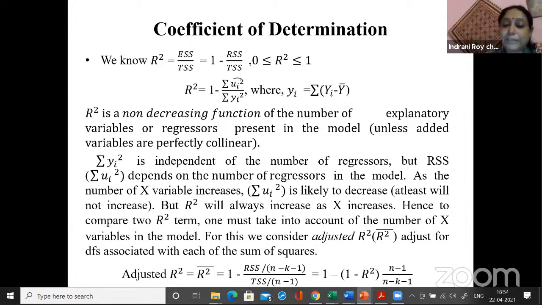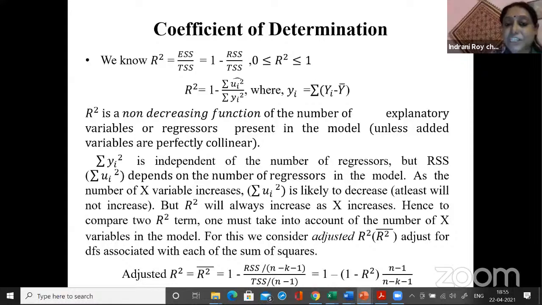And when we do multiple regressions, we basically incorporate more and more explanatory variables in order to understand the variability of your Y. Now, when you are in the multiple regression framework, you also try to see, in the regression output, the adjusted R square.